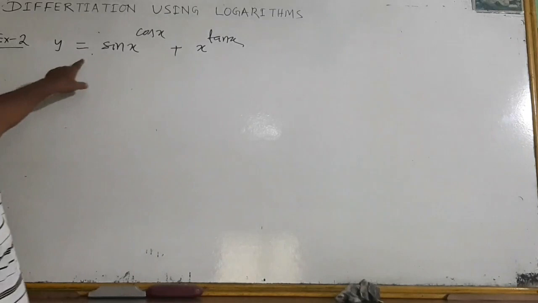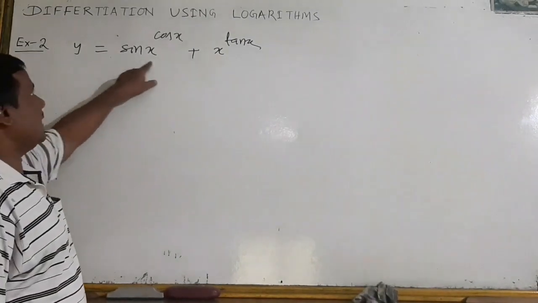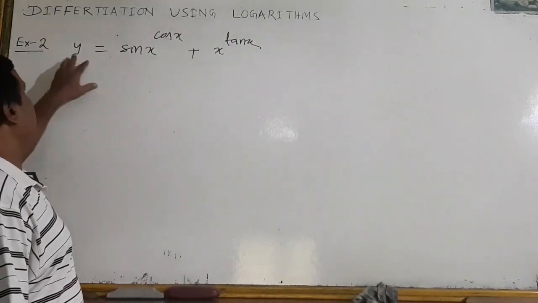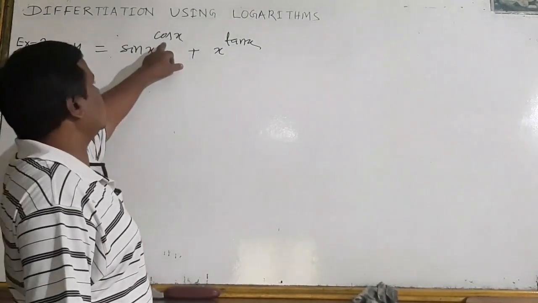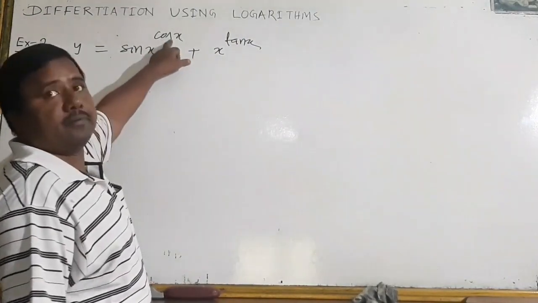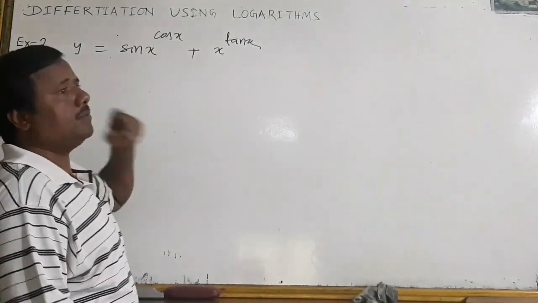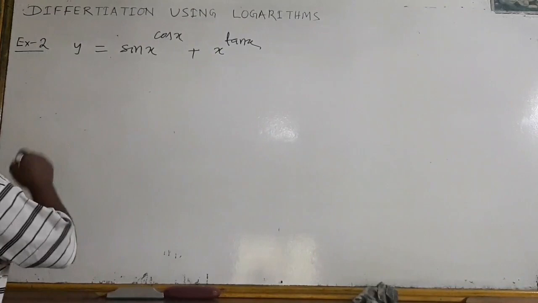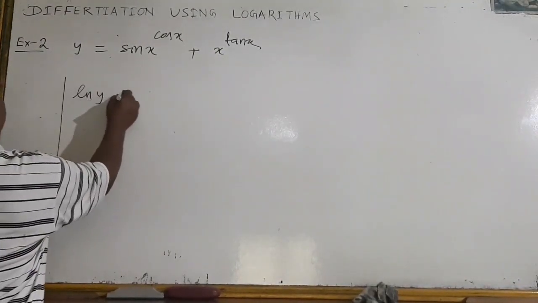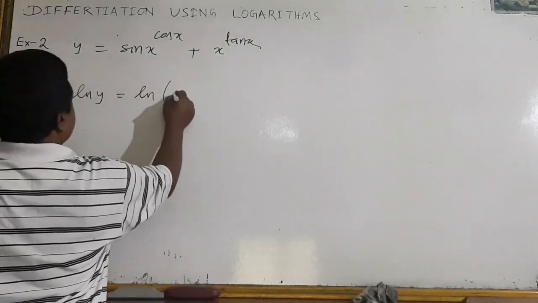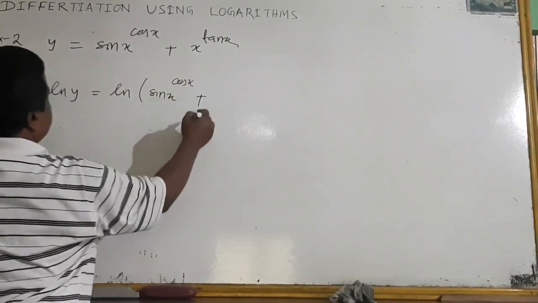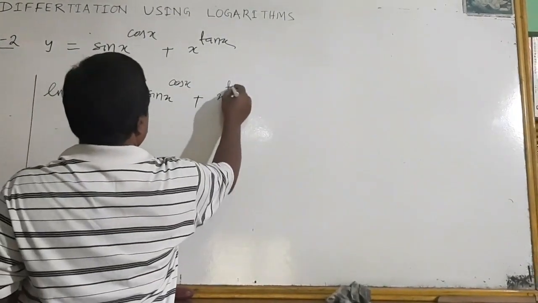Now, many times this type of problem will come in your exam. Y is equal to sin x to the power cos x plus x to the power tan x. So it is variable to the power variable plus again variable to the power variable. So many students will do like this. Ln y is equal to ln of sin x to the power cos x plus x to the power tan x.